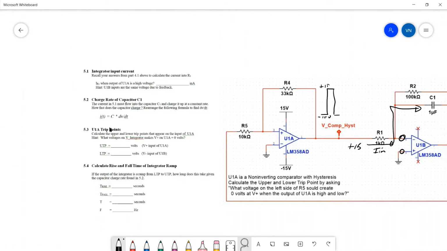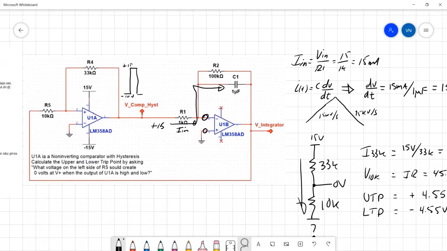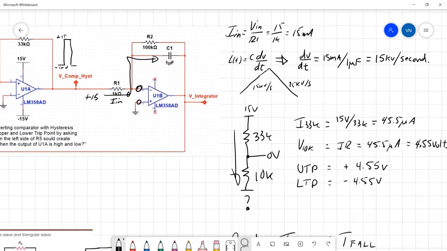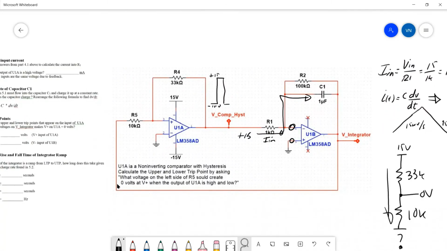Now the next question asks, what are the trip points of the comparator with hysteresis, U1A? We're looking for the upper trip point and the lower trip point. The way you calculate that is, here I've got a 10K ohm resistor, and here I've got a 33K ohm resistor.